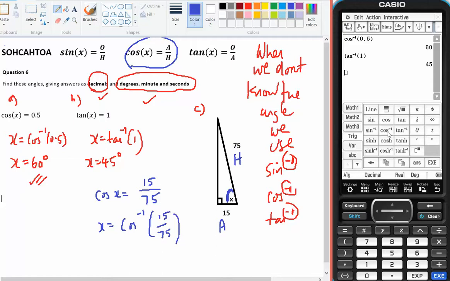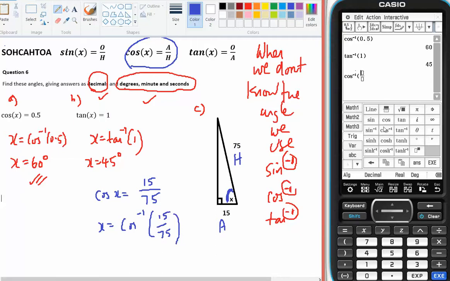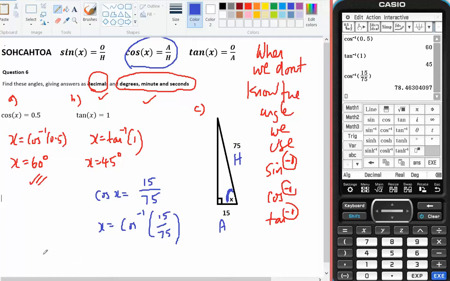So, inverse cosine, fraction, 15 on 75, close bracket, I'll press execute, and that gave me an answer of X equals 78.4630, etc. If I stop after two decimal places, the 3 is small, so that's equal to 78.46 degrees, or in degrees, minutes, seconds.